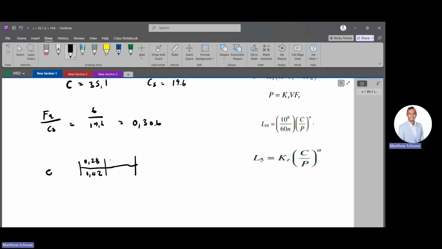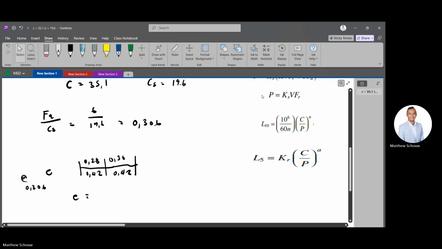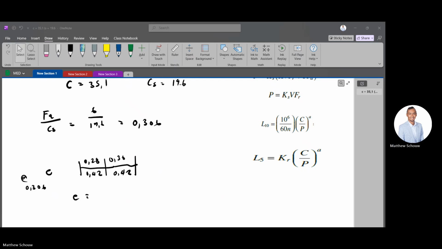And then 0.42. And of course, we're interpolating for e at 0.306. So if we do that correctly, let me just check. Just share my screen here.